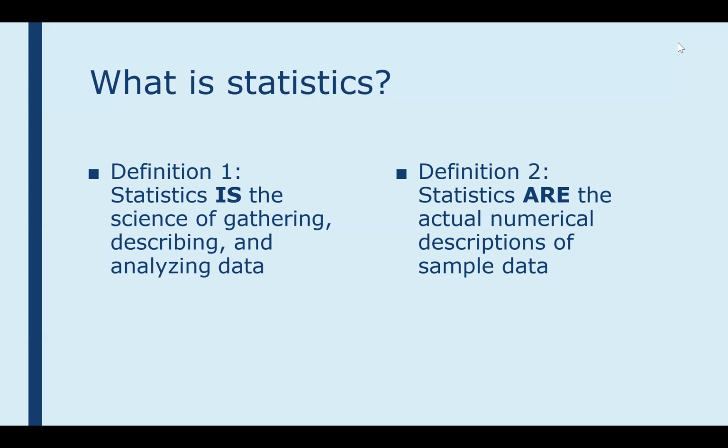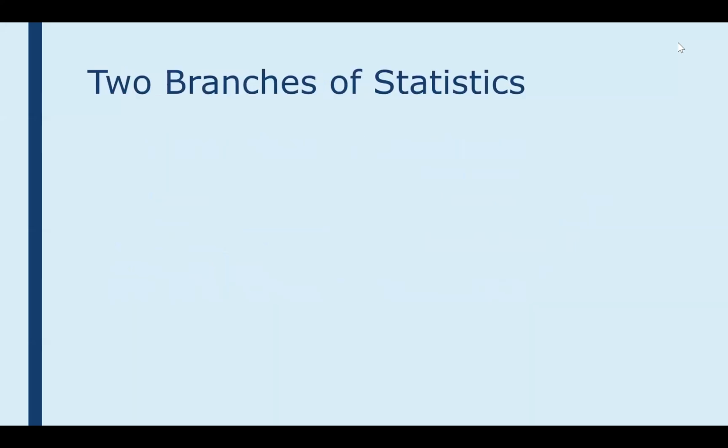At least initially, I want us to focus on the first definition, where we're thinking about it as a broad picture, the overarching theme, because there are actually 2 branches of statistics. That idea of gathering, analyzing, and describing data has 2 branches or 2 areas.